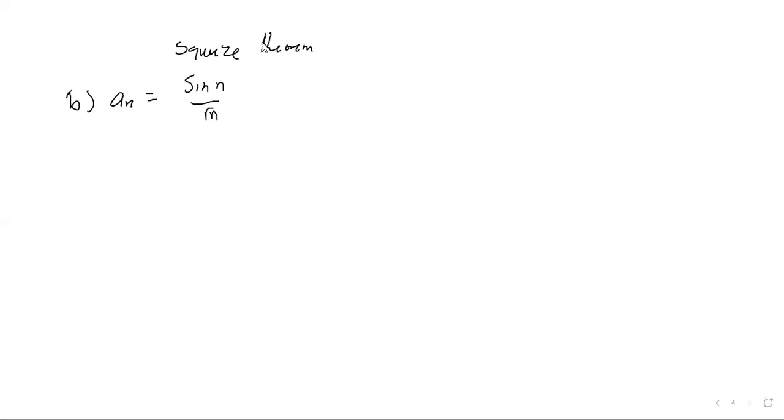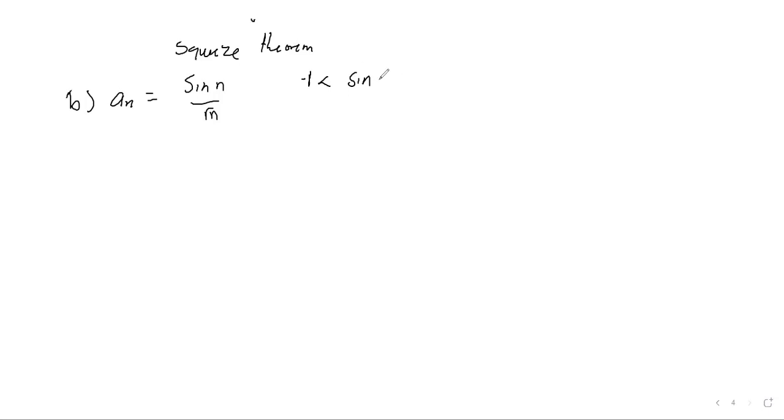So you know that this function will always be, well, -1 is less than the sine of x. Now because I'm using n, let me put n.